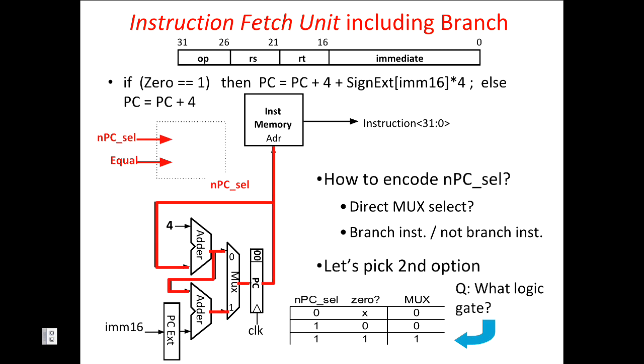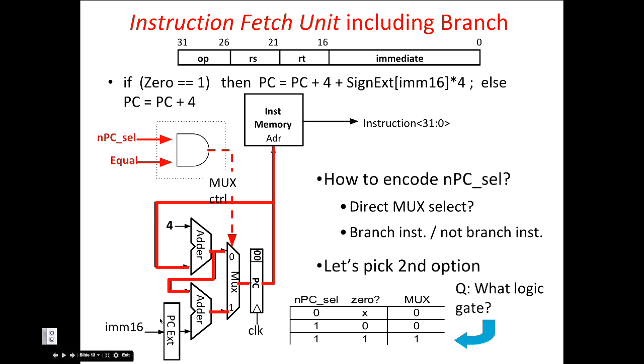This is a logic gate, right? Which one is this? It's just an AND. So all we need to do is AND together npc select, which will tell us basically whether we have a branch instruction or not a branch instruction. And the other input will be the result of that comparison. If both of those are true, then we want to choose PC plus 4 plus this PC extended.